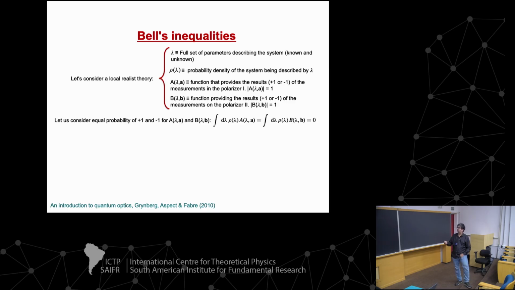We can consider a situation with equal probability of having +1 and -1, which is very common. In this situation, when I average over all measurements, either A or in polarizer 2 with B, the average should go to 0.